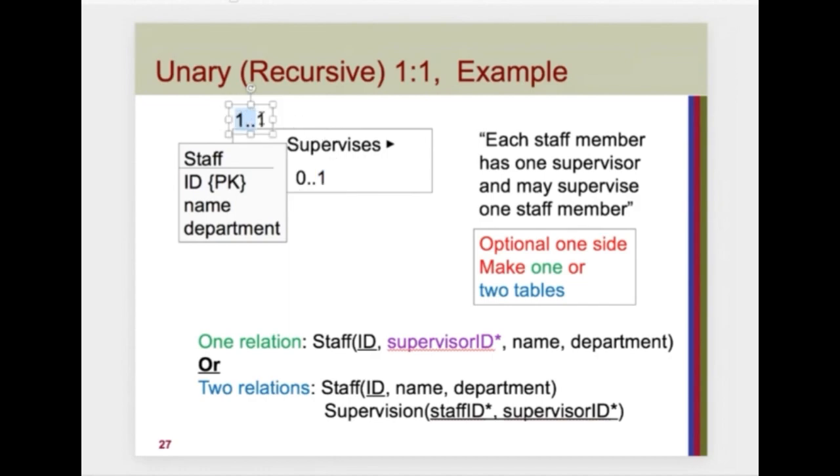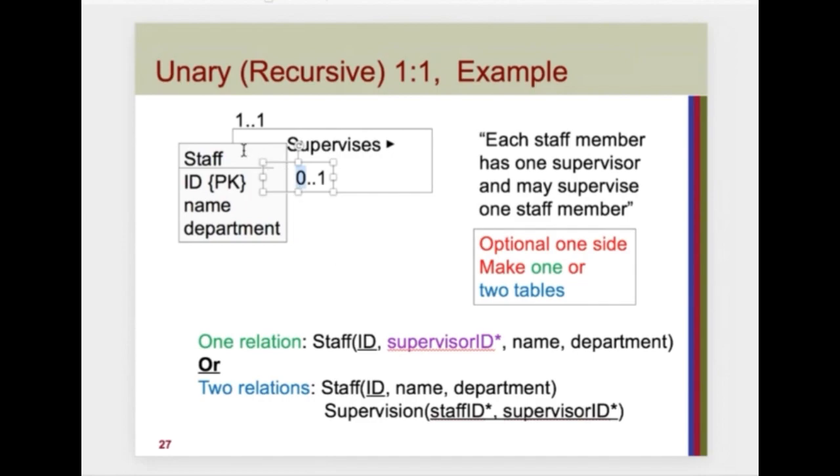So each staff member may be a supervisor. If he is a supervisor, at most he can supervise one department, or he may not supervise any department.